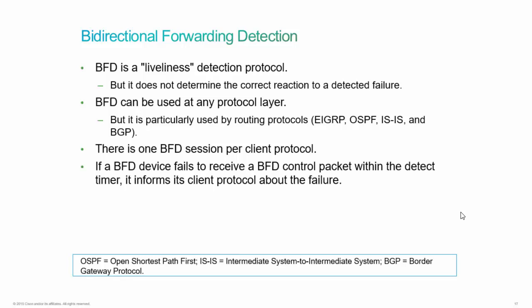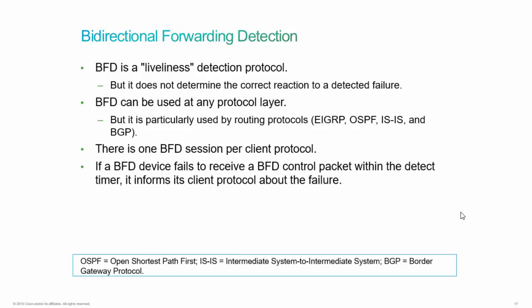Now, these BFD control packets are sent via UDP. They use port 3784, and what happens is EIGRP tells BFD the IP address of a neighbor. So BFD doesn't know who it's supposed to be sending these UDP packets to.